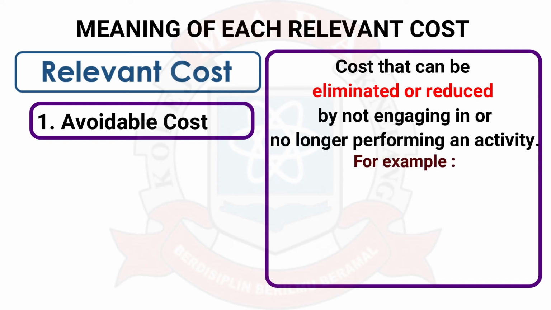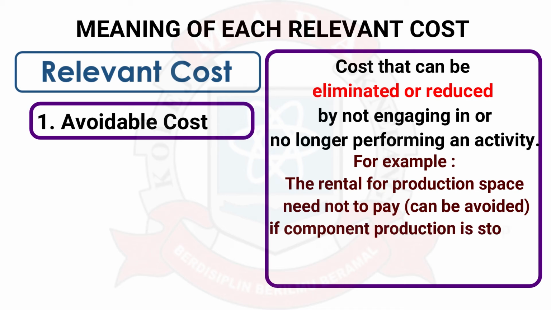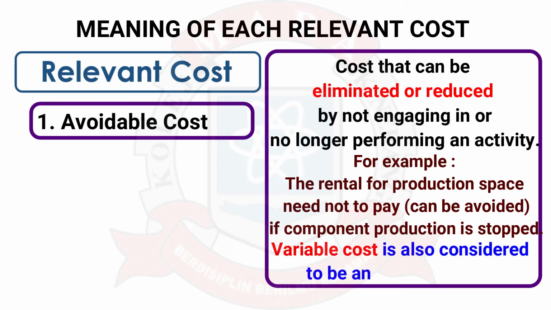For example, the rental for production space need not be paid, which can be avoided if component production is stopped. Variable cost is also considered to be an avoidable cost.